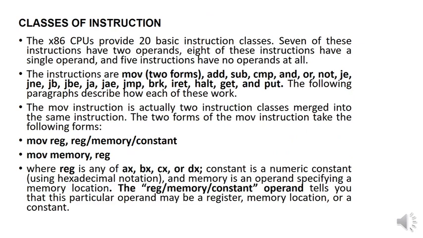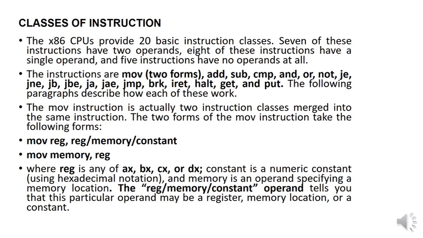So in the classes of instruction, we said the x86 CPUs provide 20 basic instruction classes. 7 of these instructions have 2 operands. 8 of these instructions have a single operand, and 5 instructions have no operand at all.